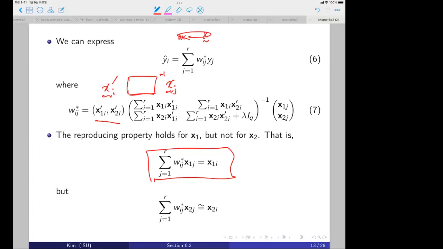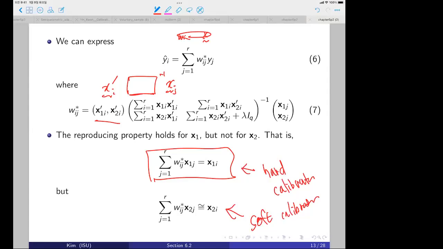So in some literature, this is hard calibration, and this is soft calibration. In practice, we have very important variables to control and less important variables to use. For the important variables you may want to achieve exact balancing, right?